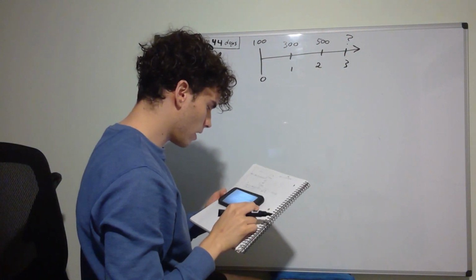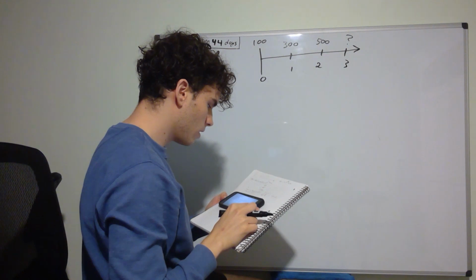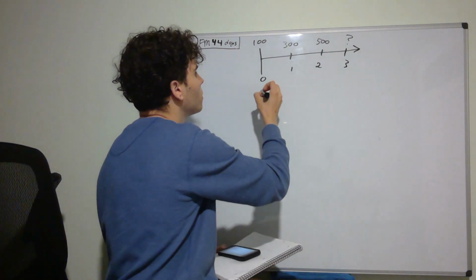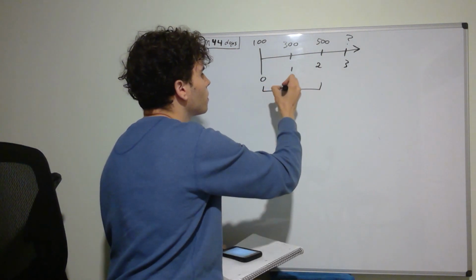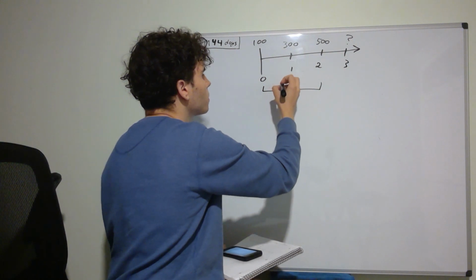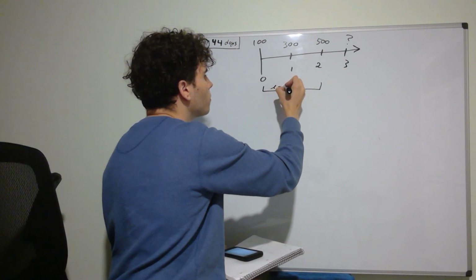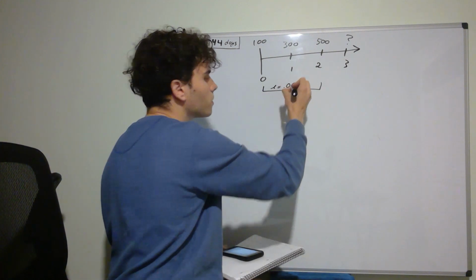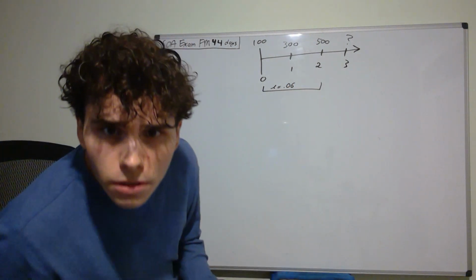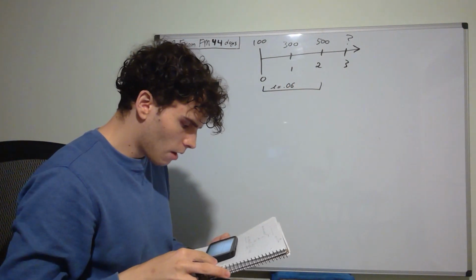So given to us, an annual simple interest rate of 6% in the first and second year. So right here, it is simple interest of 0.06.